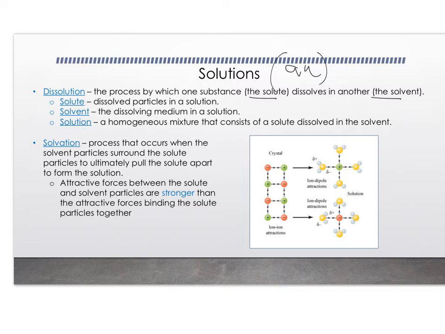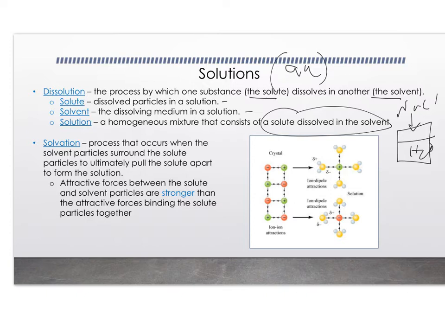So your solute is the dissolved particle in a solution, and then your solvent is the dissolving medium. So for example, if you're trying to put NaCl into water, salt would be your solute, and then water would be your solvent. And then the solution is made up of the solute and solvent, which is a homogeneous mixture that consists of both the solute and the solvent.